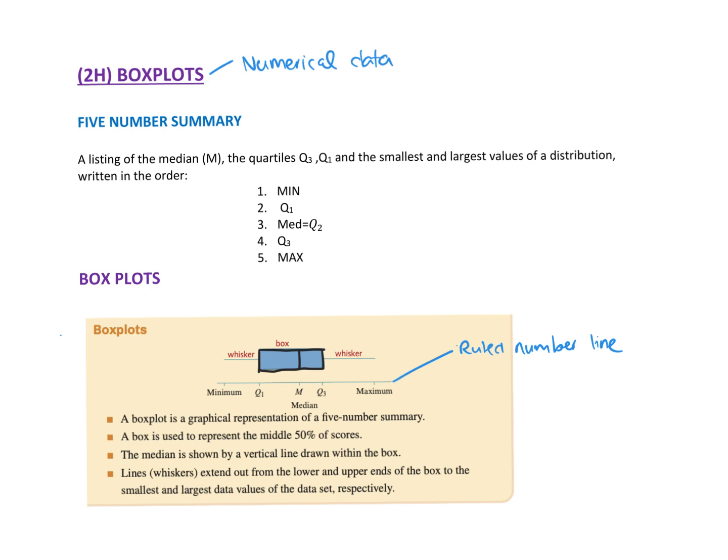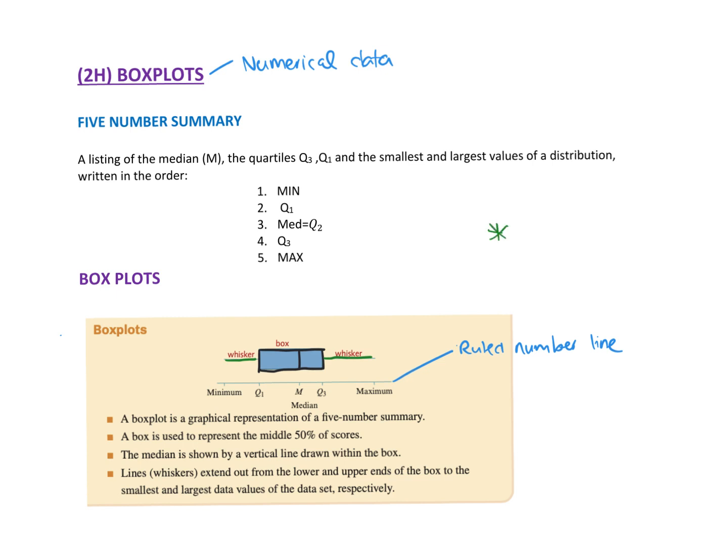Now the whiskers will go out, as long as there are no outliers, to the highest value or the lowest value in the data set that's not an outlier.